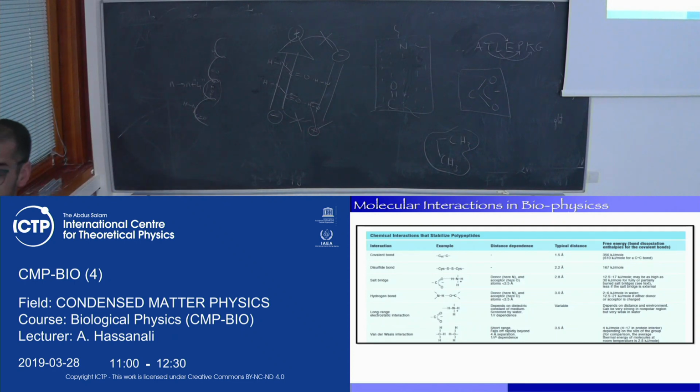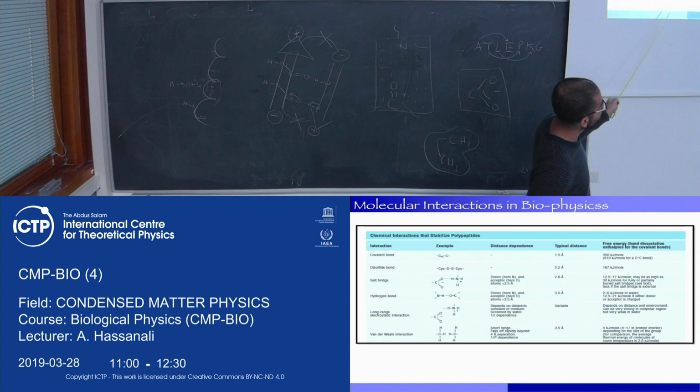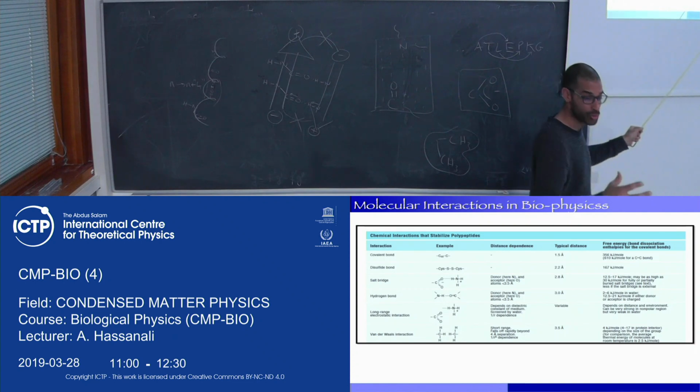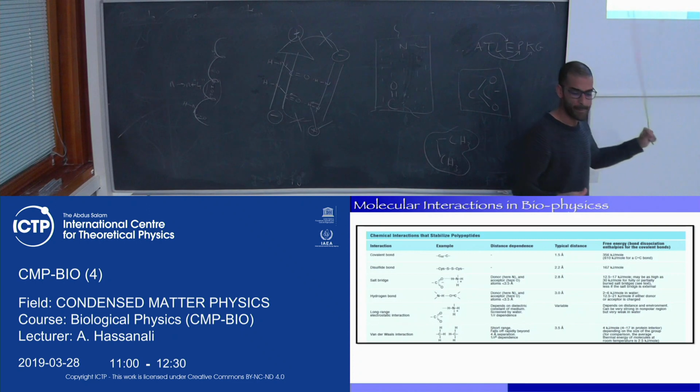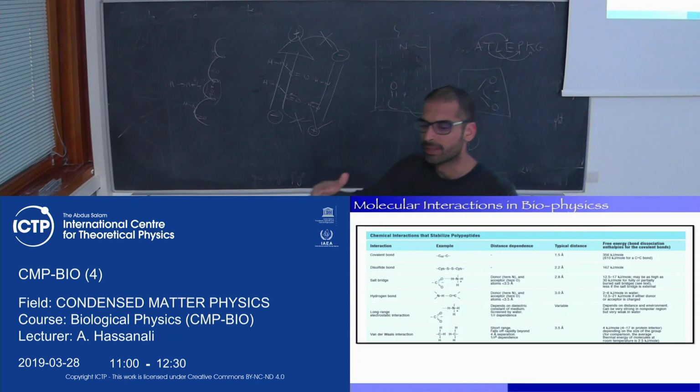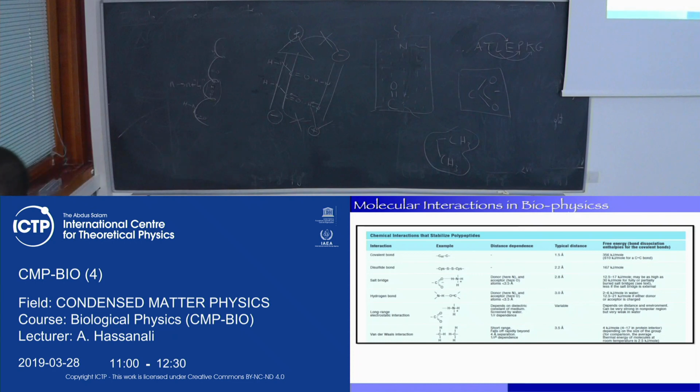But the range and the strength of it can be sensitively tuned by the medium. The dielectric constant will change the length scale of the interaction and also how strong the interaction is. So what could we do to think about the strength and the range of the electrostatic interaction relative to thermal energy?